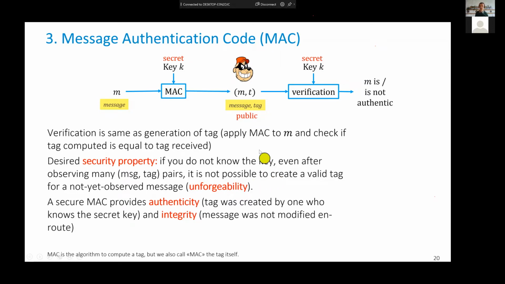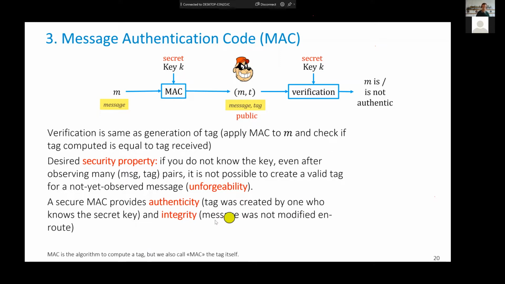It should be impossible to create a tag T that corresponds to the message M unless I have the secret key. So conversely, when I receive the message M and the tag T, I know that the message I'm receiving is exactly the message that was sent by somebody who knows the secret key. And presumably, there's only the sender who knows the secret key.